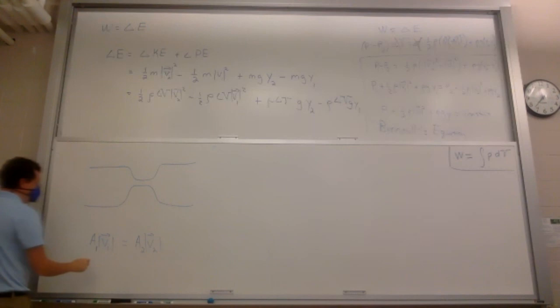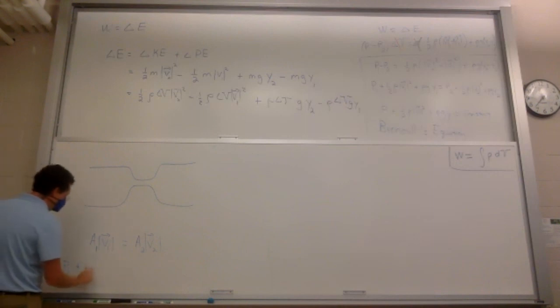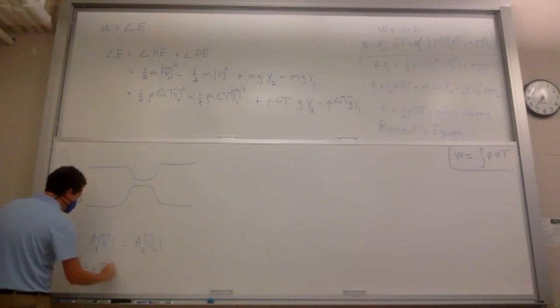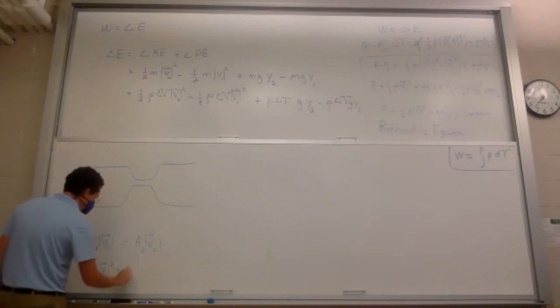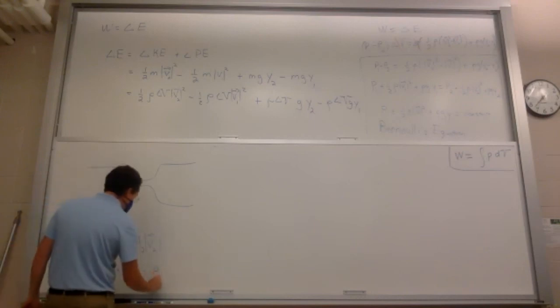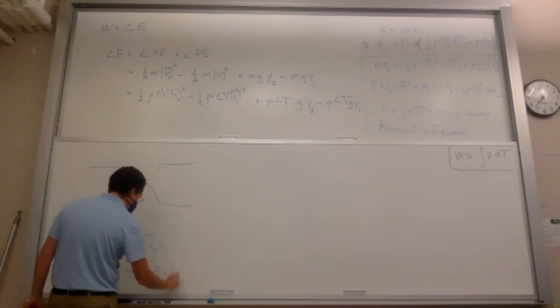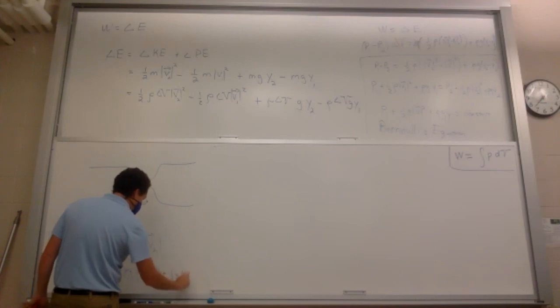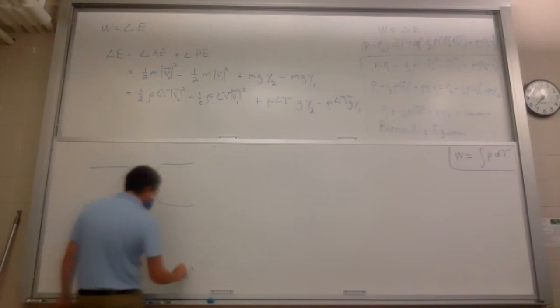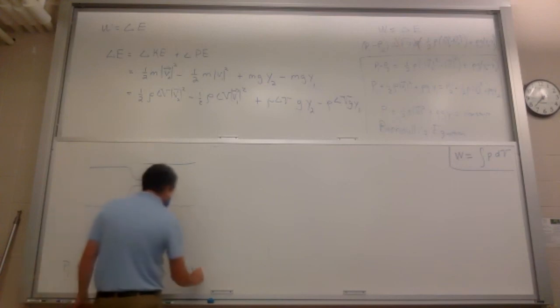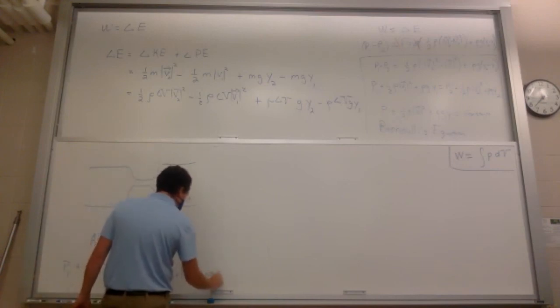And on the other hand, I have the Bernoulli equation, which says that P1 plus 1/2 rho velocity 1 squared plus rho g y1 equals P2 plus 1/2 rho velocity 2 squared plus rho g y2.